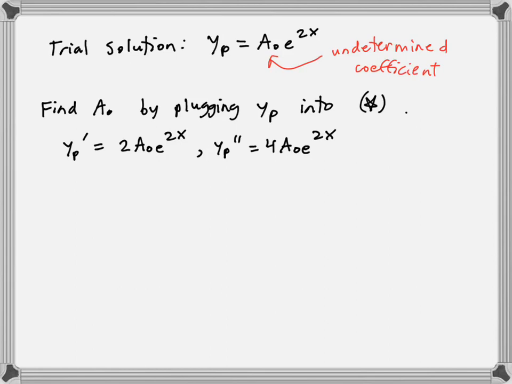So now we plug it all into the original differential equation and we end up with the following. We get y double prime, so it's going to be 4a naught e to the 2x plus y prime, so that's plus 2a naught e to the 2x minus 6y, so minus 6a naught e to the 2x.